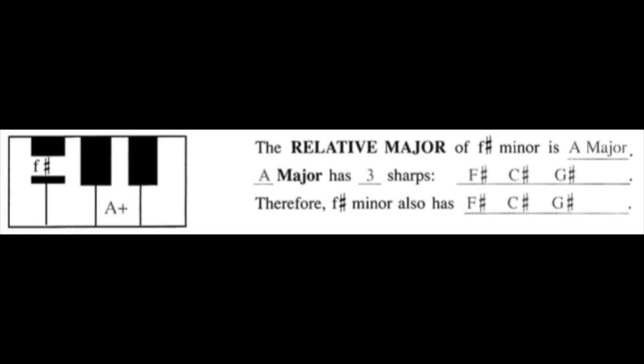E major has four sharps: F sharp, C sharp, G sharp, and D sharp. C sharp minor, therefore, also has four sharps: F sharp, C sharp, G sharp, and D sharp in its key signature.